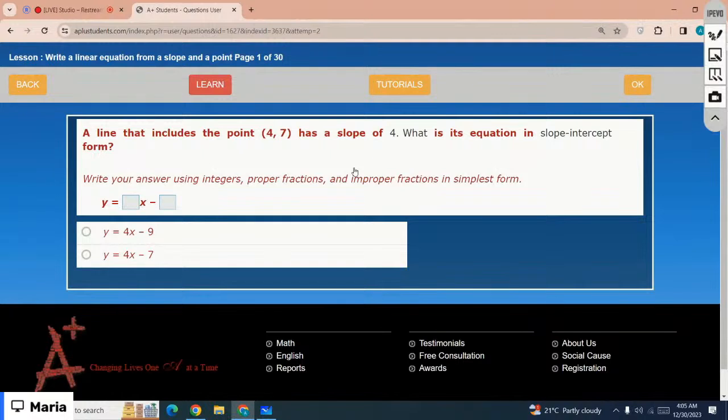So which is the correct option? The correct option is y equals 4x minus 9, right? Option number 1 is the correct option.